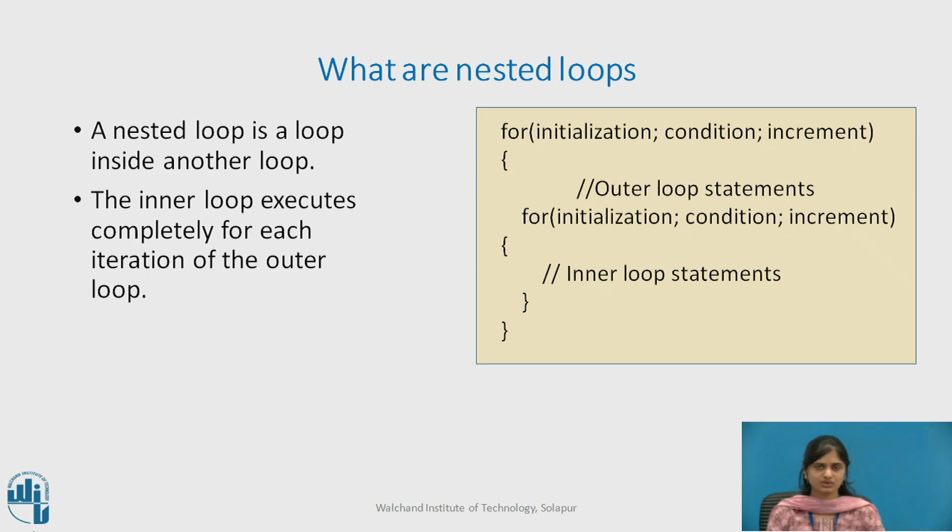Once the condition of the outer for loop is false, the execution will come out of the loop. So in this way, the inner loop executes completely one time for each iteration of the outer loop.